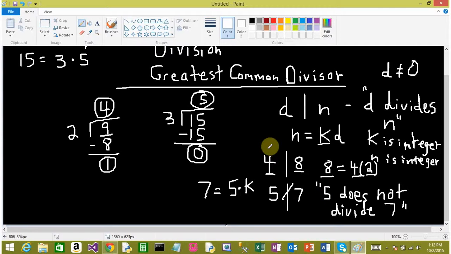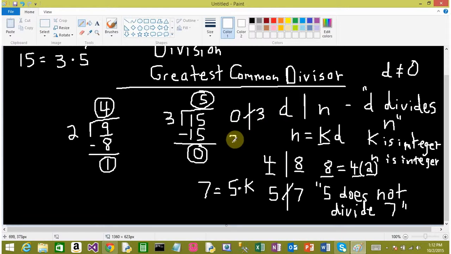Also, it's important to note that the number 0 does not divide just any other number, whether it could be 0 or let's just say some number like 3.